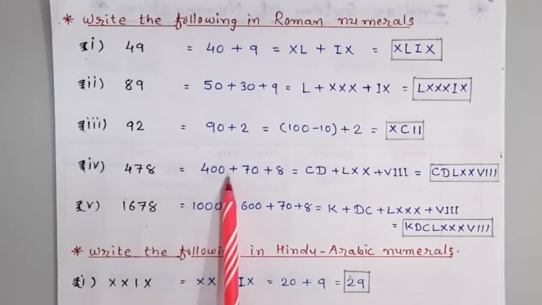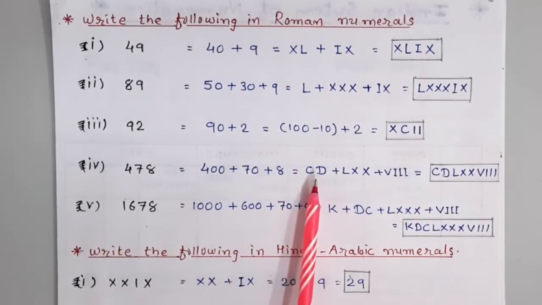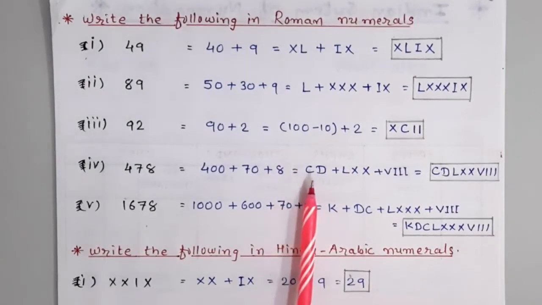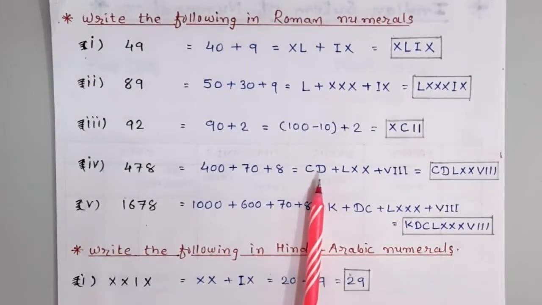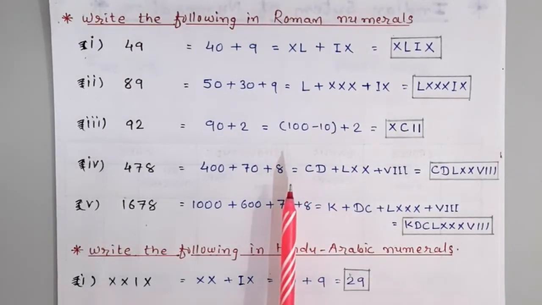478: 400 plus 70 plus 8. 400 means CD. Now remember that table: D represents the value of 500 and C represents the value of 100.